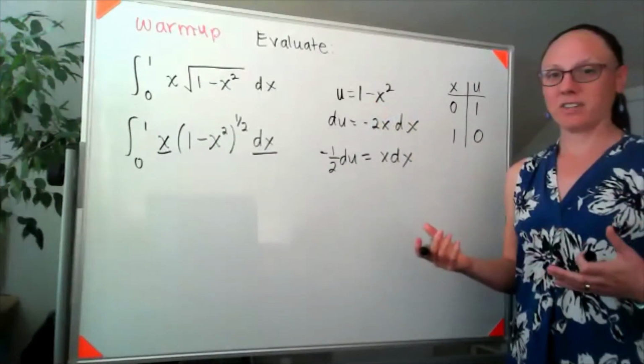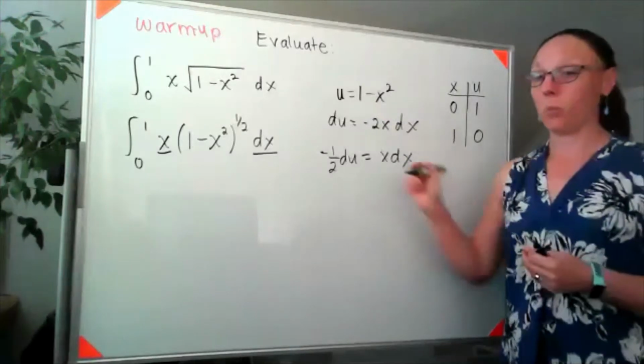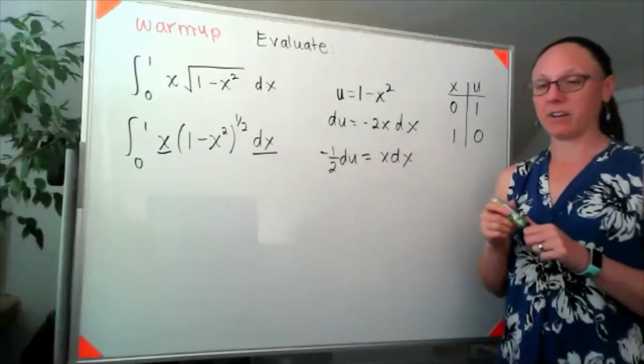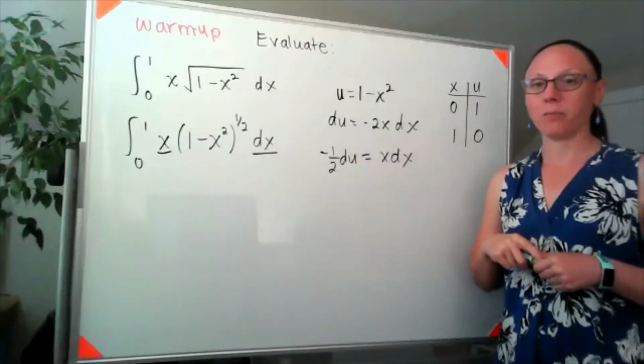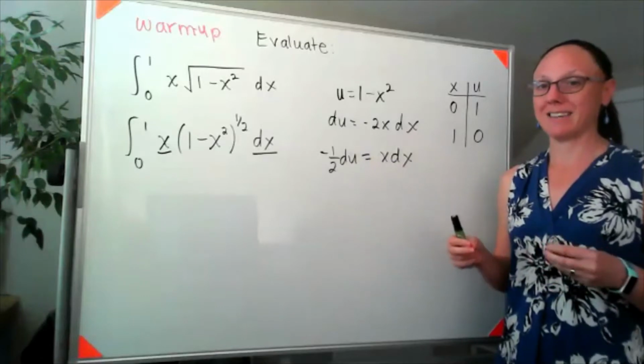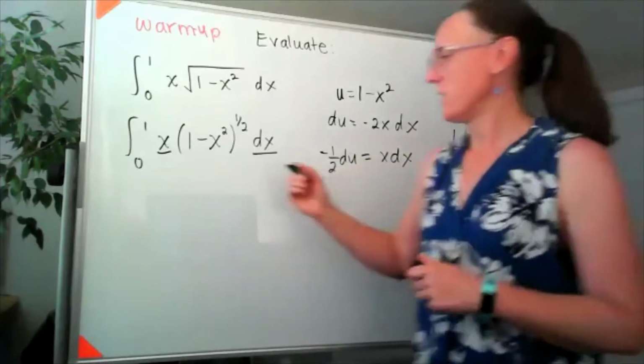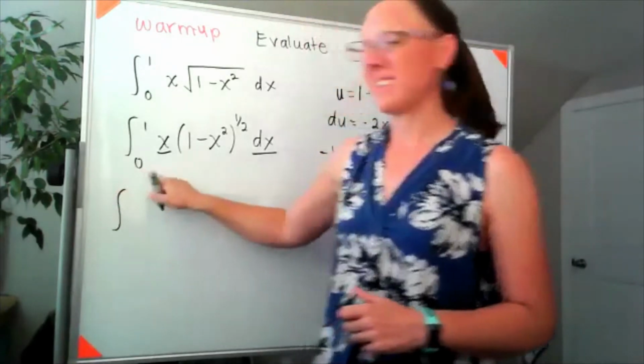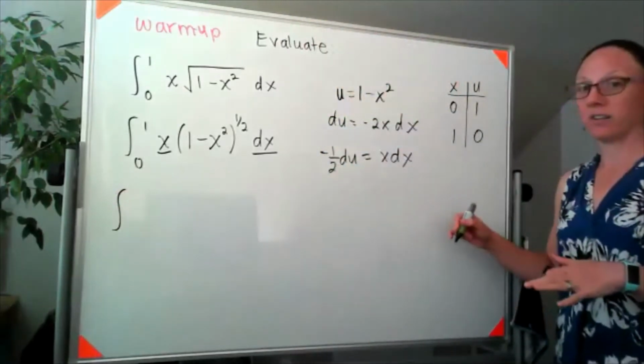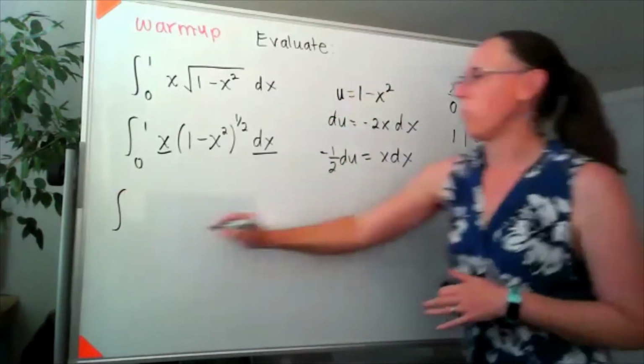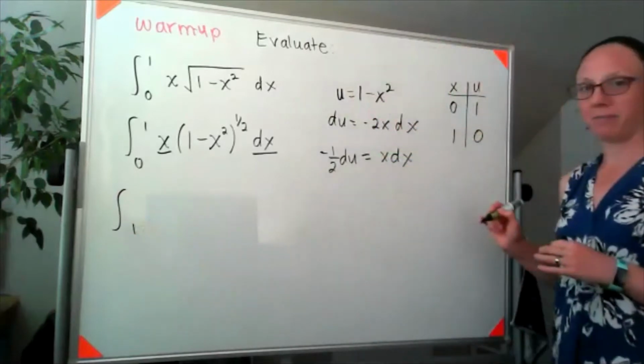And I know that I mentioned this another time, but when we are rewriting the limits of integration for a definite integral, we have to make sure to keep the pieces in the same place. So when I rewrite this, because the 0 is that lower limit, that's going to make the 1 my lower limit.